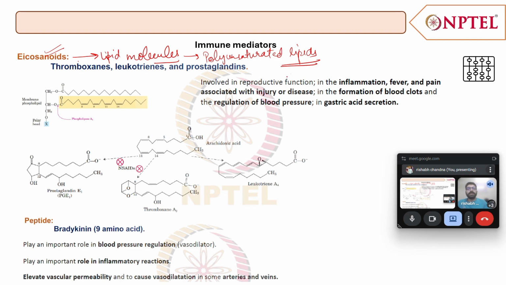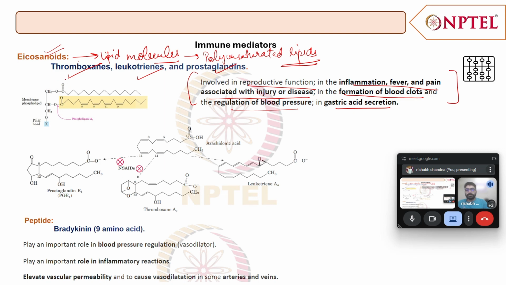They are involved in reproductive function, inflammation, fever, pain associated with injury or disease, formation of blood clots, regulation of blood pressure, and gastric acid secretion. These are the major functions of the eicosanoids. There are three different types of eicosanoids that are studied in immune response: thromboxanes, leukotrienes, and prostaglandins.